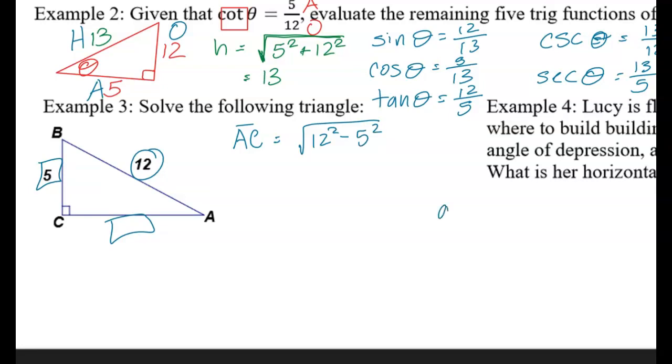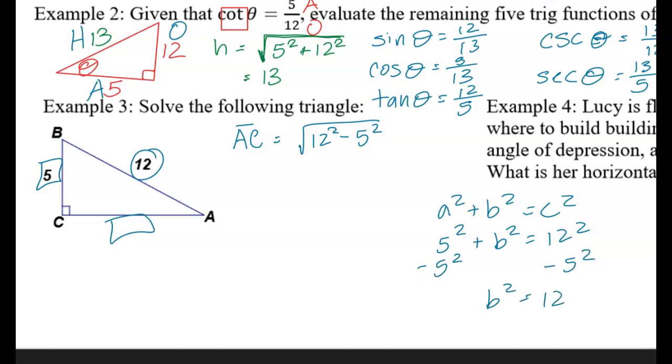If this is too much for you, of course you can still do a squared plus b squared equals c squared. But then you notice, okay, you're just subtracting: b squared equals 12 squared minus 5 squared, square root both sides. Oh, that's exactly what I wrote up.